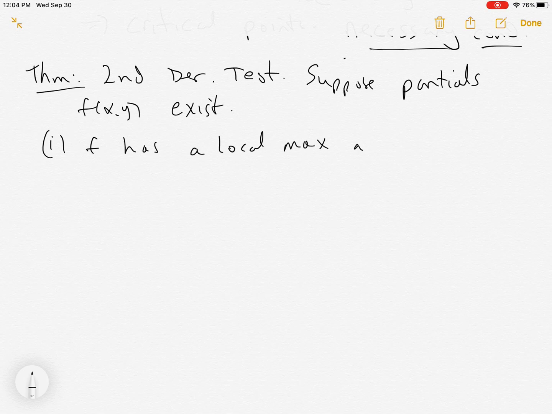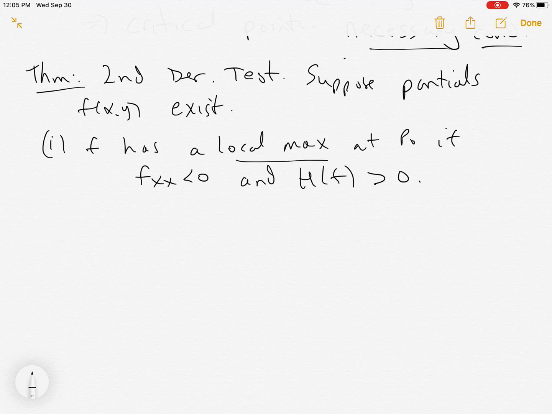F has a local max at a point P naught if the second derivative is less than 0 and this number, the Hessian, which I'll show you in a second, is positive. So local max. This is really saying it's concave down because it's negative, right?